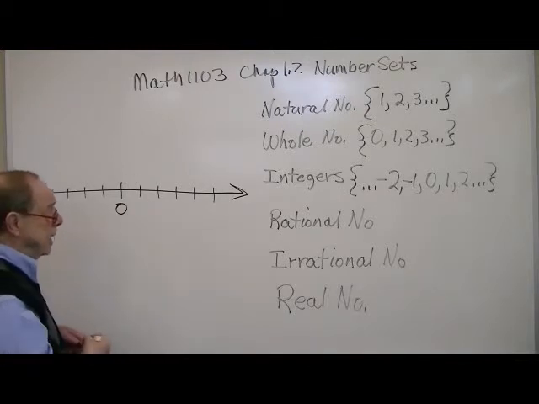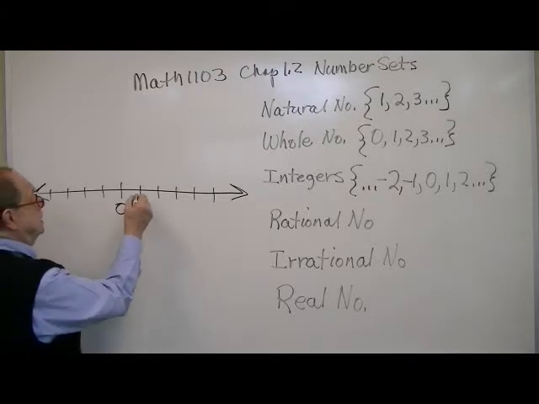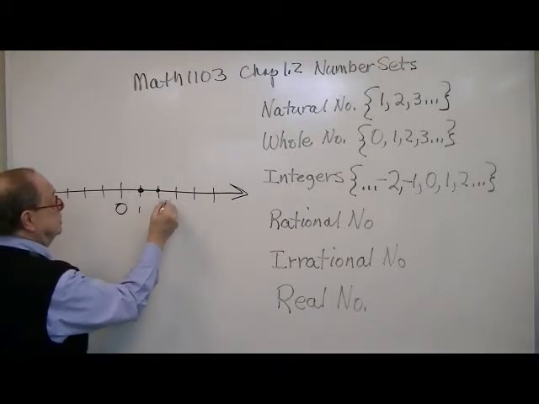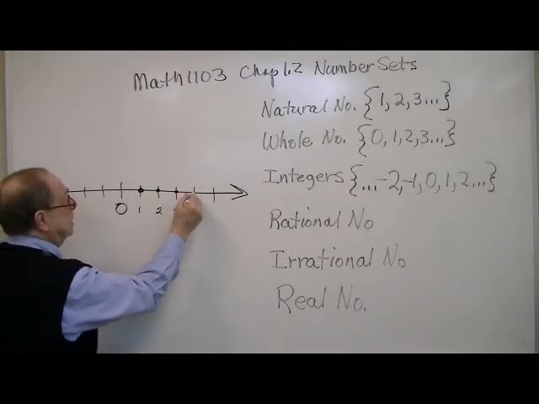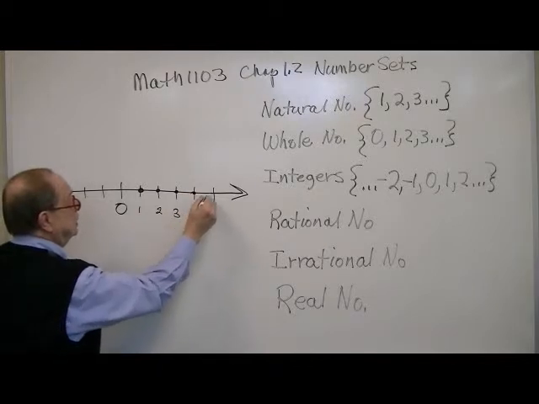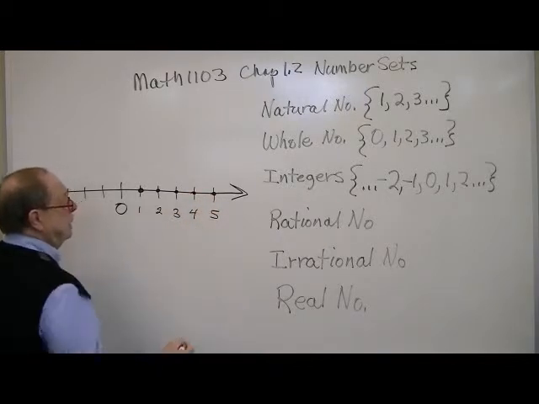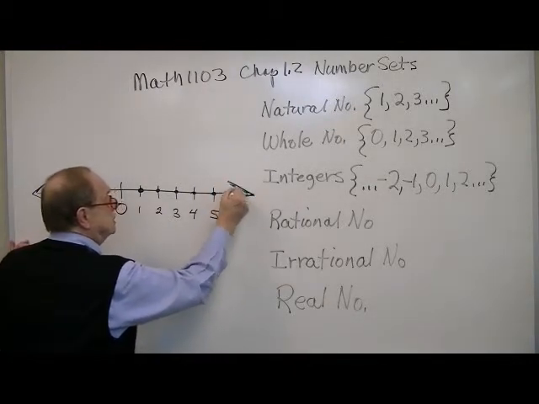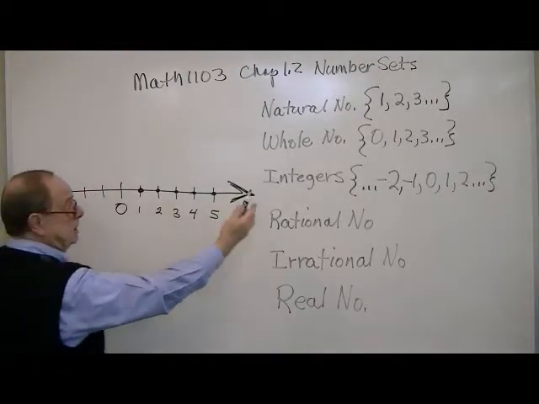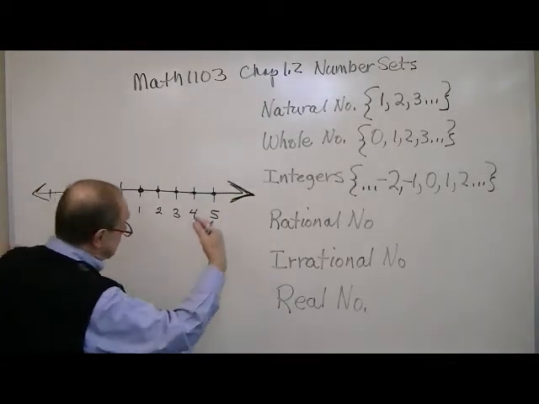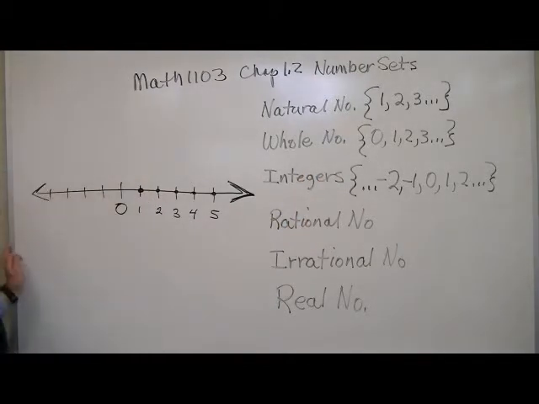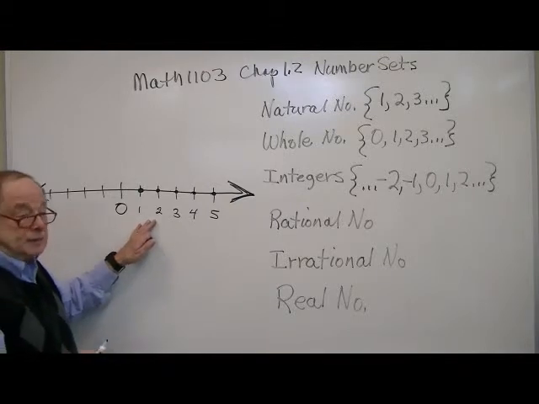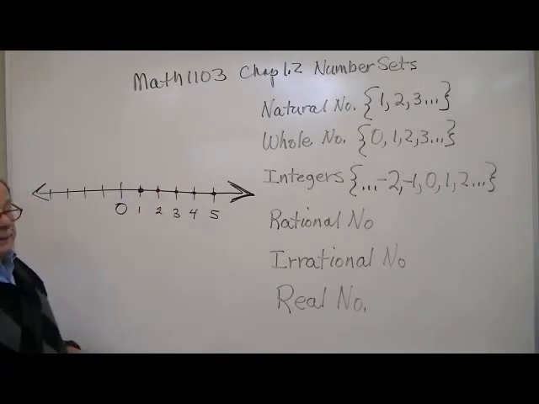To illustrate natural numbers, we would put dots on 1, 2, 3, 4, 5, and then to indicate that it's moving in that direction, we would just emphasize the arrow indicating, in a sense, the ellipsis going on in that direction. So this is the graph of the set of natural numbers.